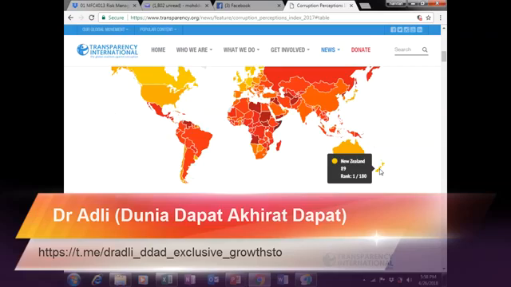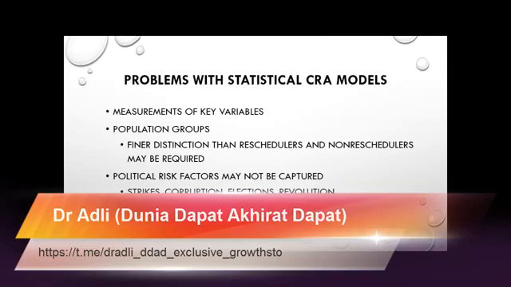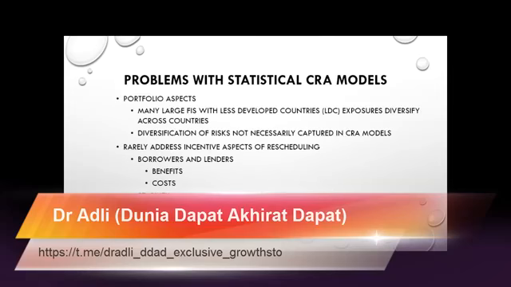Alright, now we will continue on. Some other problem is the portfolio aspect. Many large financial institutions with less developed countries have exposures diversified across countries. Diversification of risk is not necessarily captured in the CRA model. So basically, you're looking at a portfolio, and there are so many countries, so this is a problem.